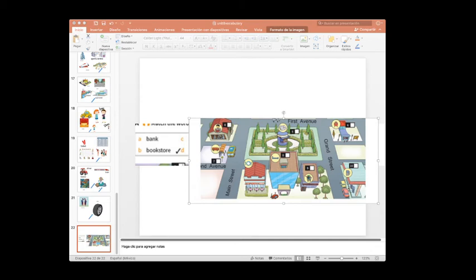Unit 8. In the Neighborhood. Lesson A. Around Town. Page 76. Exercise 1. Vocabulary.